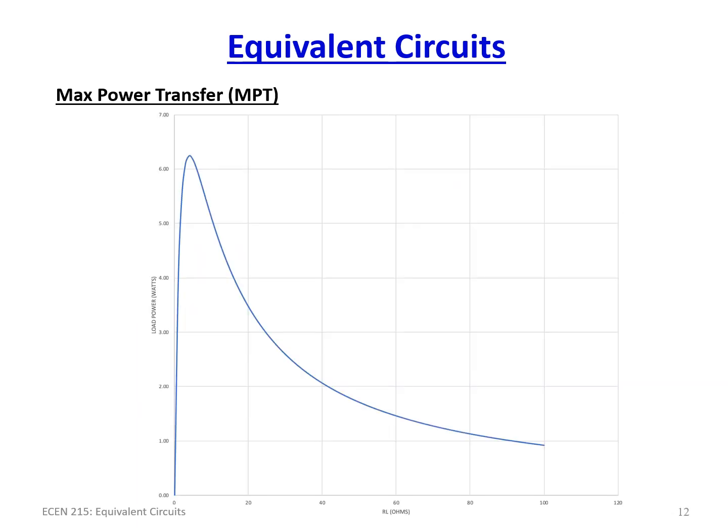And that looks like this. So here we have our circuit, and because we determined in a previous circuit that RT was equal to 4 ohms, and RL is equal to 4 ohms, we have maximum power transfer.